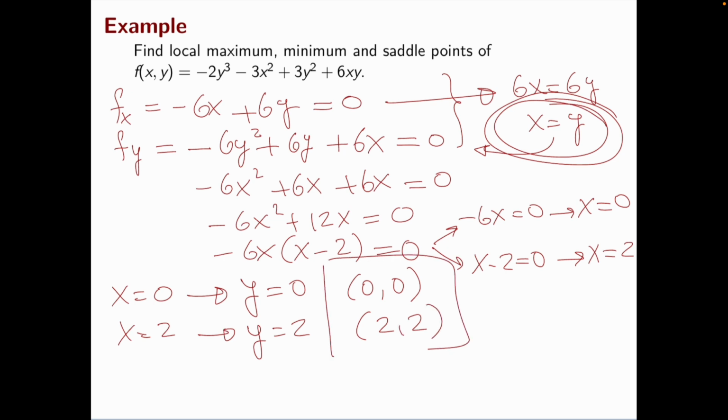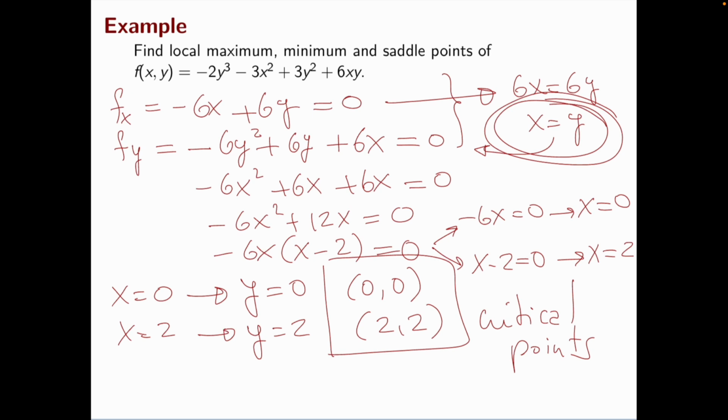So this is then the set of critical points, which we can say are candidates to be either maximum, minimum, or saddle points. And in order to decide what they actually are, we are going to apply the method given by the theorem based on the calculation of the Hessian.